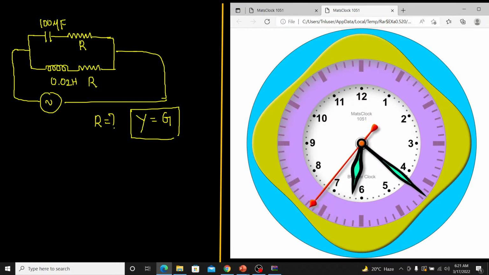Anyone got the answer? Just to find out the value of R when the circuit will be producing pure conductance.